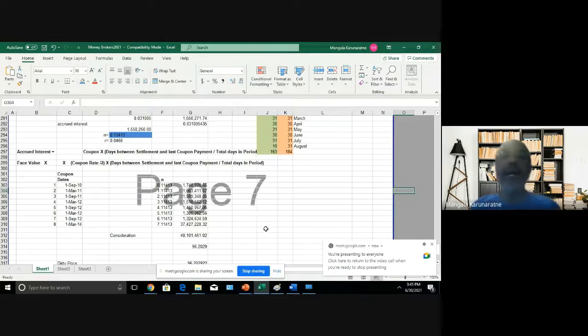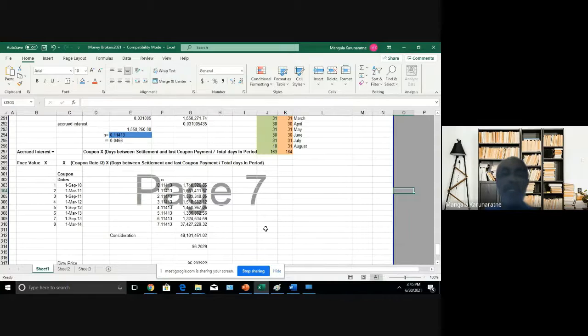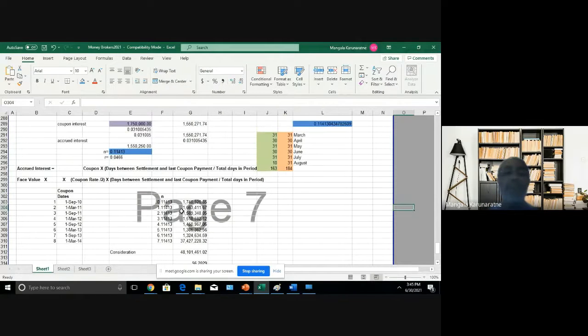So we were discussing what is in this Excel sheet. I am not going to calculate all these cash flows and present values again. Now you know the cash flows: we have 1,750,000, that is the coupon.